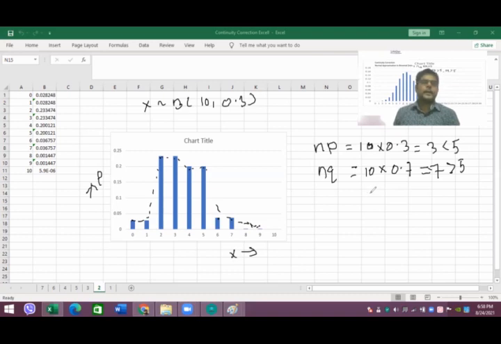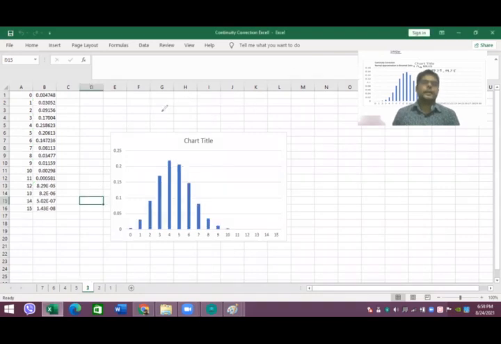Now let's see what happens when we increase the number of trials further from n equals 10. Here you can see the graph for n following binomial distribution with parametric values 15 and 0.3.